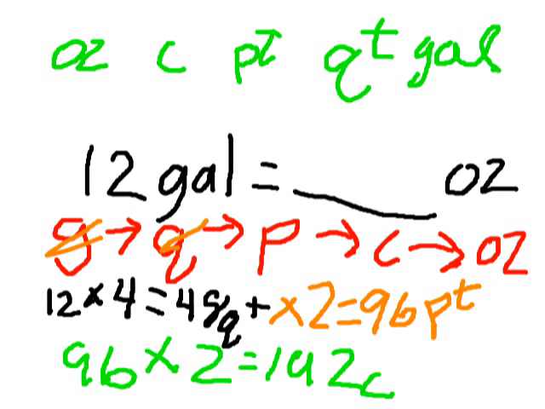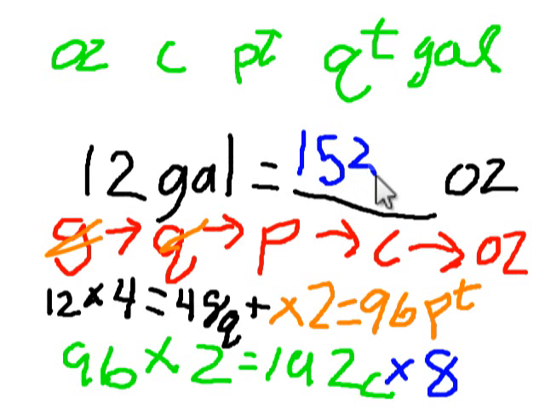So finally, we're going to change those cups into ounces. We're going to multiply 192 by 8, because there are 8 ounces in a cup. And 192 times 8 is 1,536 ounces. That's crazy. So 12 gallons is the same thing as 1,536 ounces.